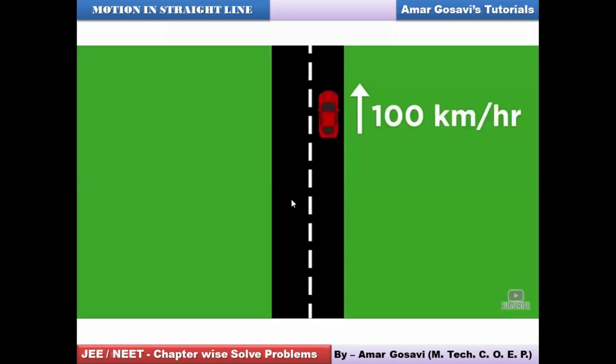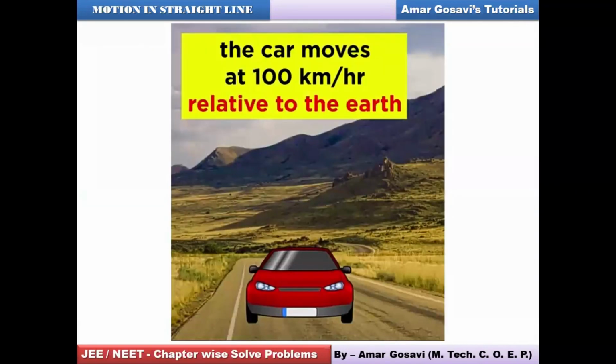You can see here. So when I say the car is moving at 100 kilometer per hour, the car is moving at 100 kilometer per hour with respect to Earth.